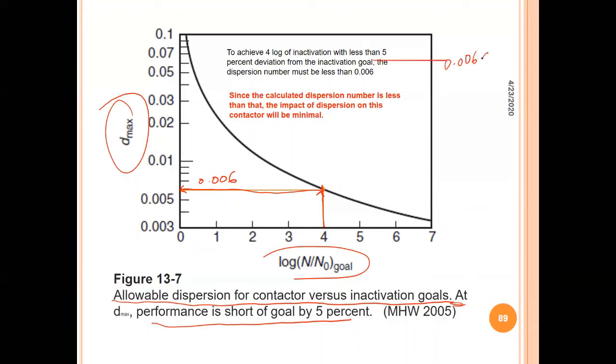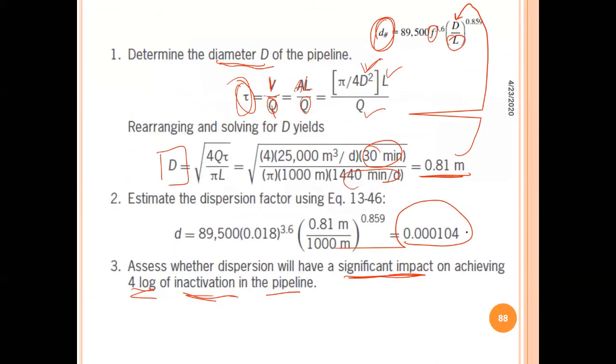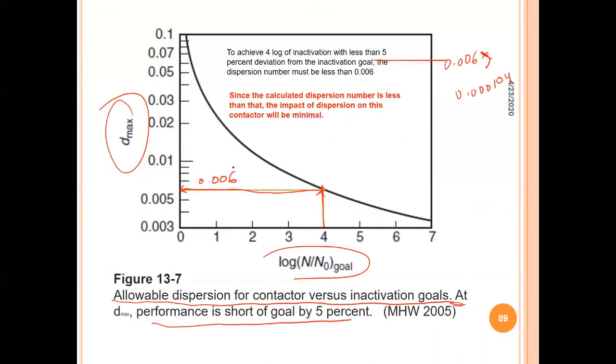The 0.006 maximum dispersion is much higher than the 0.000104 which we calculated here. It means that we can tolerate this much dispersion to achieve 4 log removal, and this number is very high. So this dispersion will not have any significant impact on achieving 4 log removal. This is the answer.